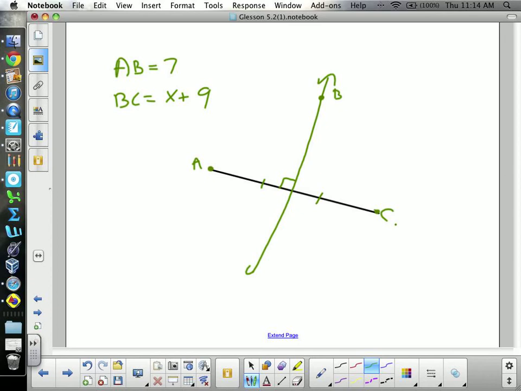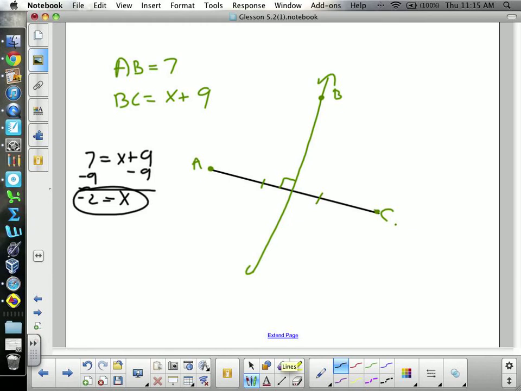Starts with an E. Is anybody paying attention? Equidistant. I was going to say that. It is equidistant from the endpoints, which means what has to be true about AB and BC? They have to be congruent, so 7 equals X plus 9. And that's no big deal. X is negative 2. That's fine.